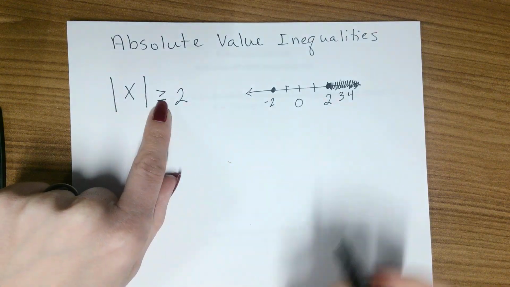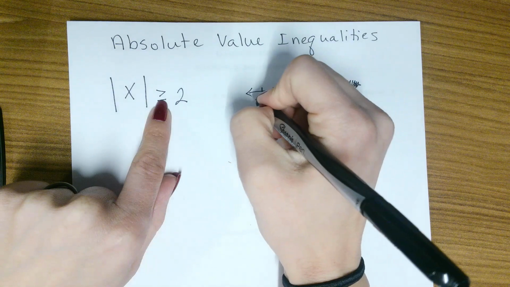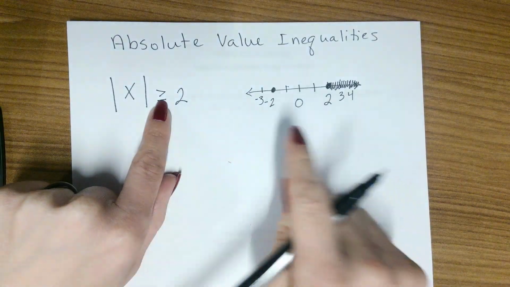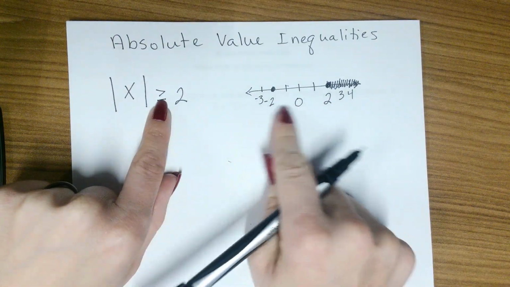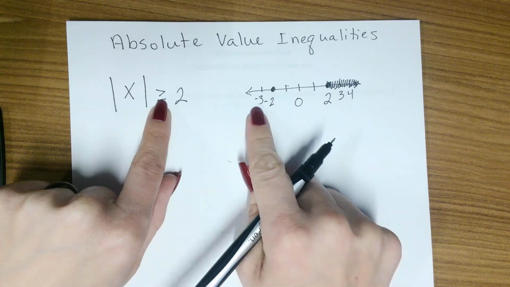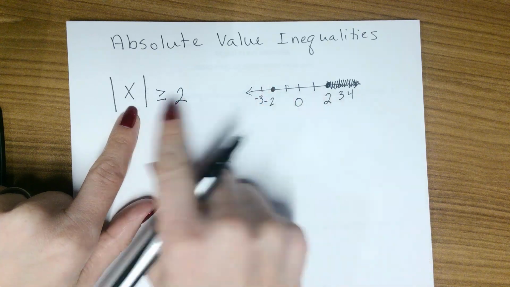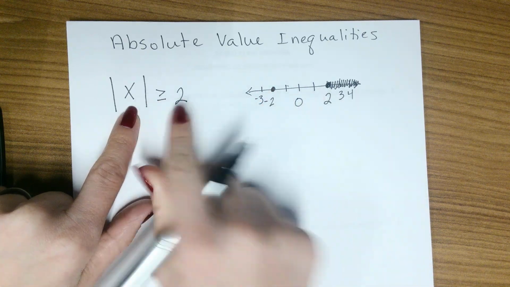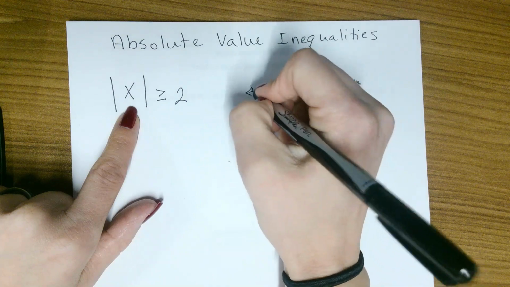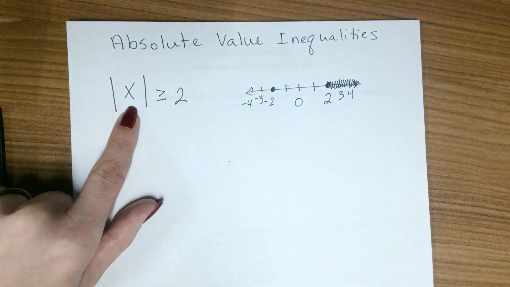But likewise on the other side, what if I took the absolute value of negative 3? Since the absolute value of a number is its distance away from 0, the absolute value of negative 3 is positive 3. So I could have taken the absolute value of negative 3, and that would give me positive 3, which is definitely greater than 2. Same thing with negative 4, negative 5, and so on.